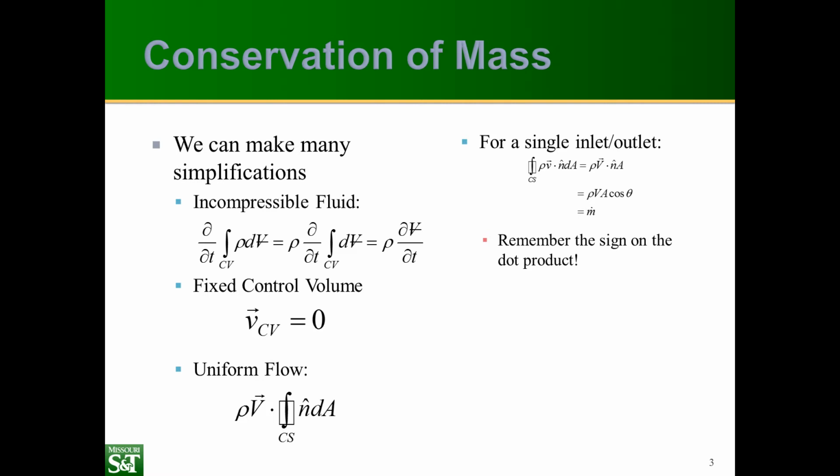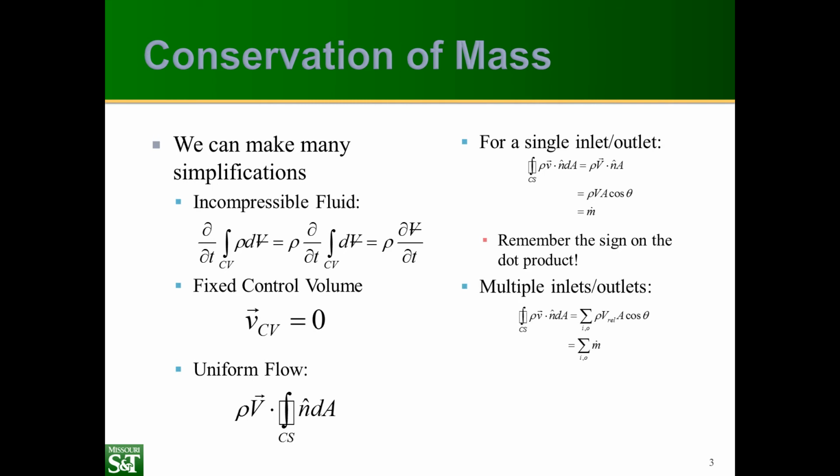So this actually explains the relationship between the directions and the sign, right? If theta is less than 90 degrees, the value of the cosine is positive. If it's greater, the value of cosine is negative. This is how we explain the sign convention for the dot product. If we have multiple inlets and outlets, we just sum over all of the inlets and outlets.